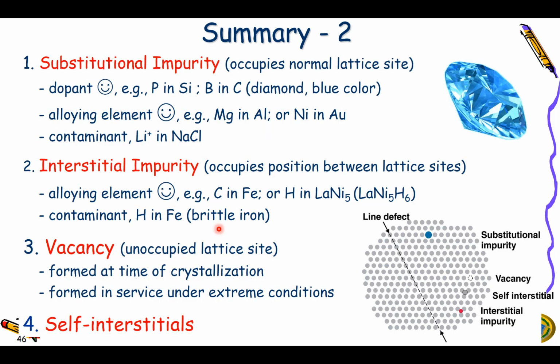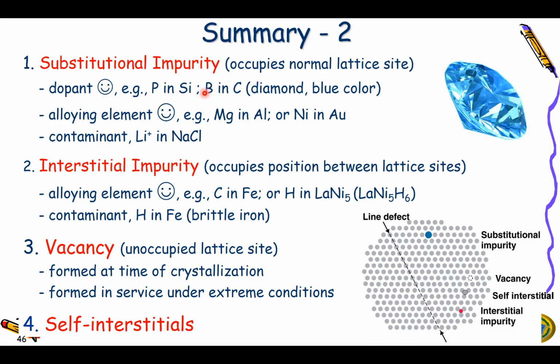Let me summarize another thing: substitutional impurity can be good or can be bad. You know the bad things. The good thing is the dopants. So if we have phosphorus in silicon, phosphorus has 5 valence electrons. Silicon has 4 valence electrons. So you have 1 extra electron in silicon, and this is called N-type semiconductor. Remember, N stands for negative.